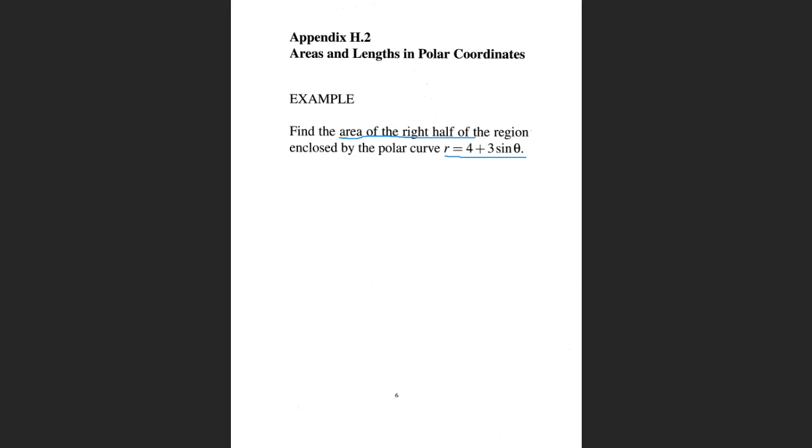Let's say this were on the final exam. What would be helpful to do? How many of you would like to know what this region looks like? Okay, so that's right. Victoria, Jonathan, that's right. We got to do a graph.